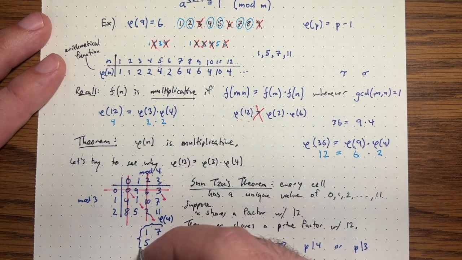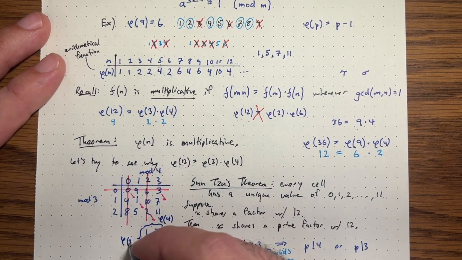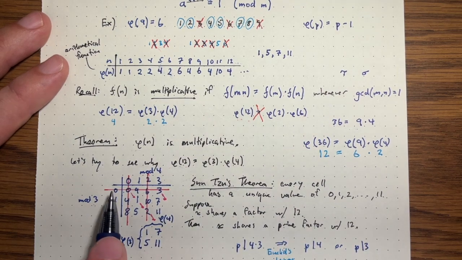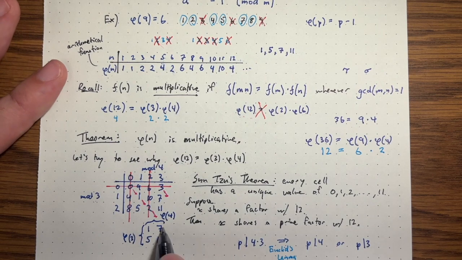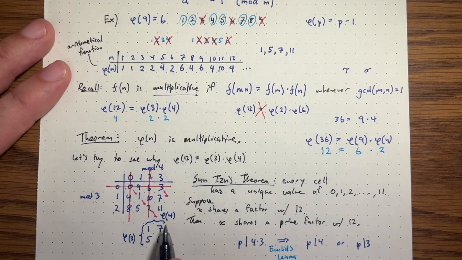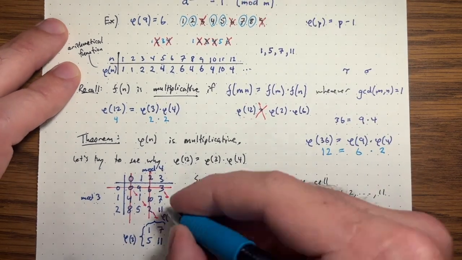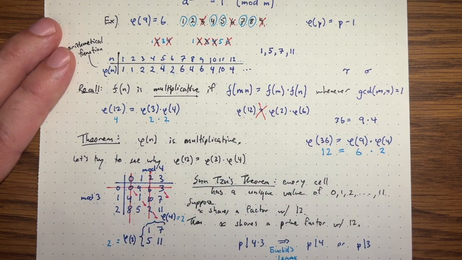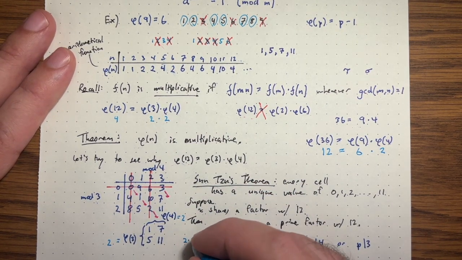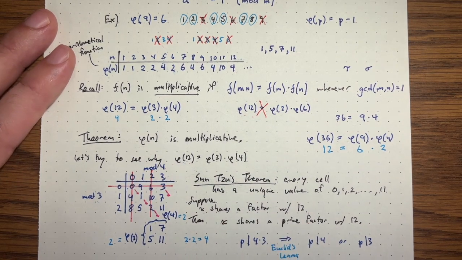And this dimension here is phi of 3. So numbers less than 3 that do not share a factor with 3, which is just 1 and 2. So the dimensions of that square are 2 by 2, and the total number of numbers in the square is 2 times 2, which is 4.